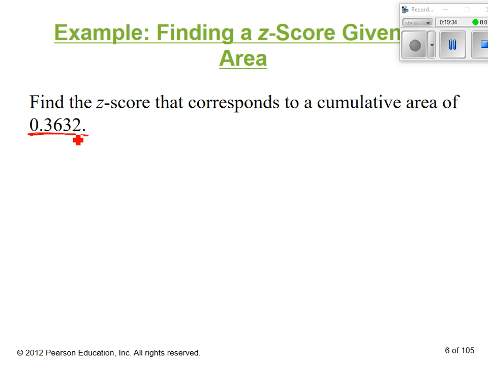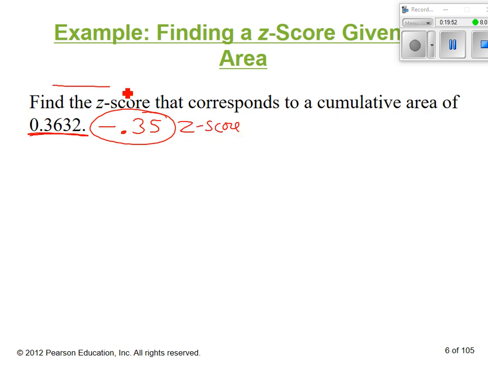So I look over here, and it says negative 0.3. And then I go up to here, and that says 0.05, so that means that next number is 5. That's our z-score.